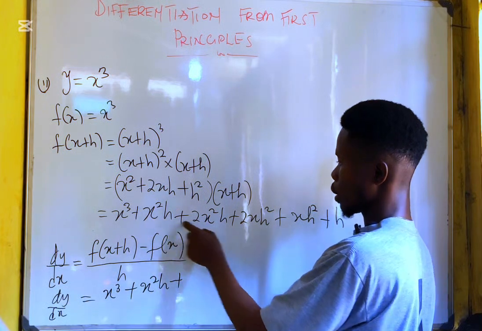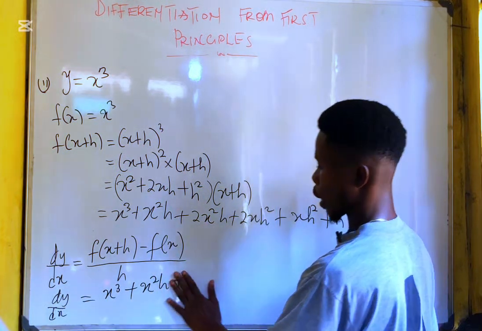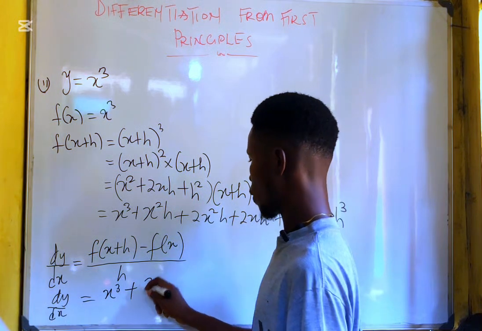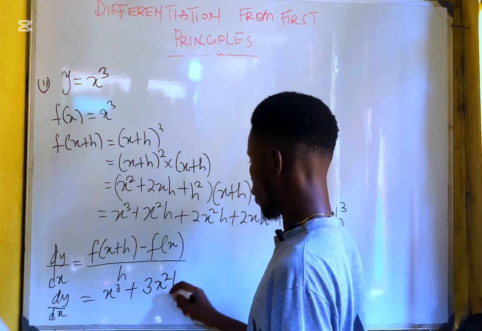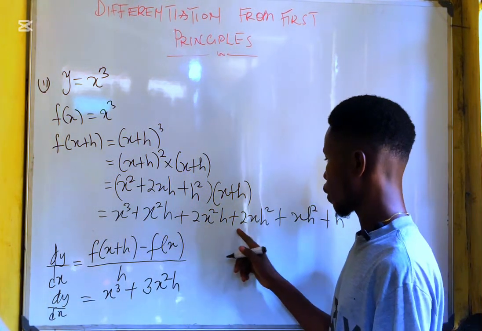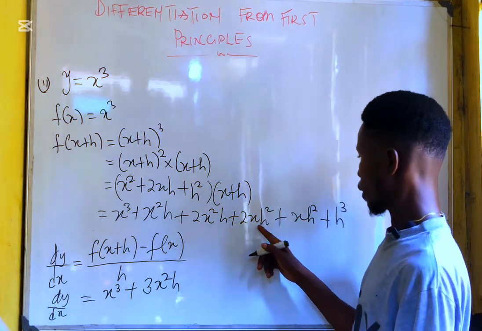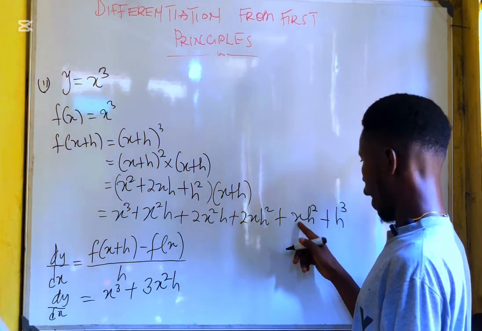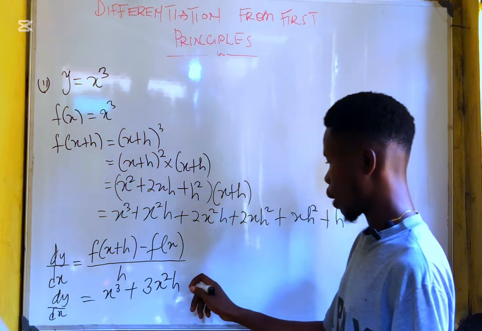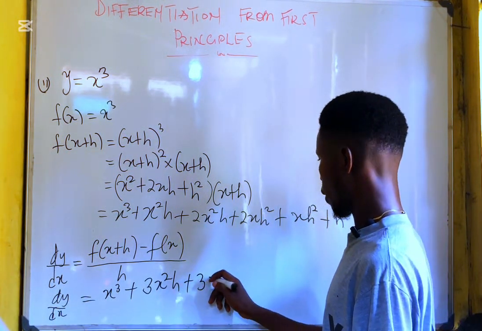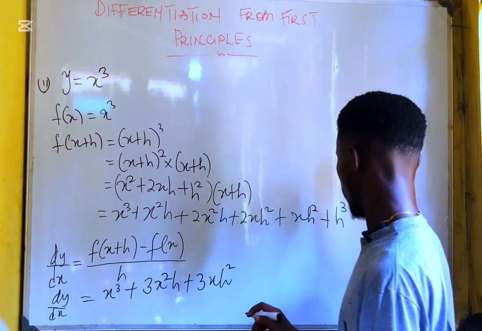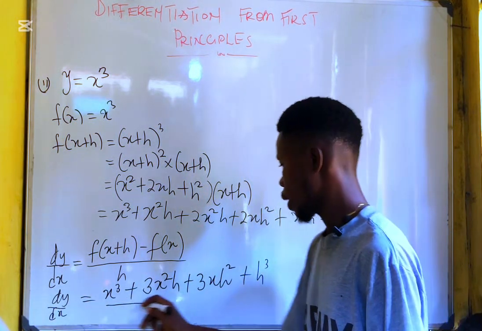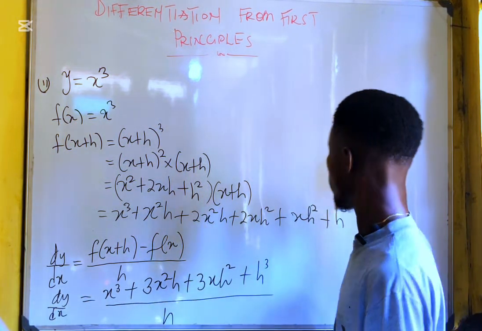This is x squared h. This one too is x squared h. So I can add them. That will give us 3x squared h. This and that, okay? This is 2xh squared, and this is xh squared. They are the same. So I can also add that one to get 3xh squared. Then h cubed. You are saying that the whole of this is divided by what? h.